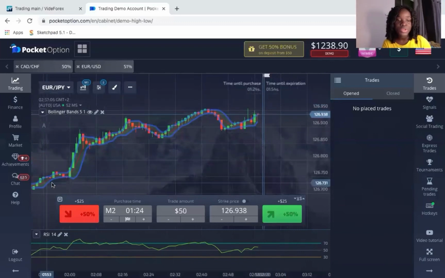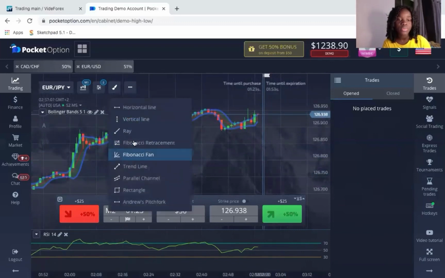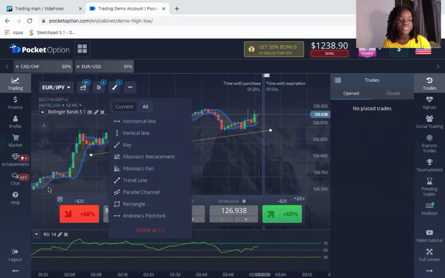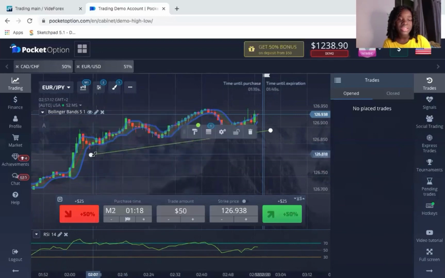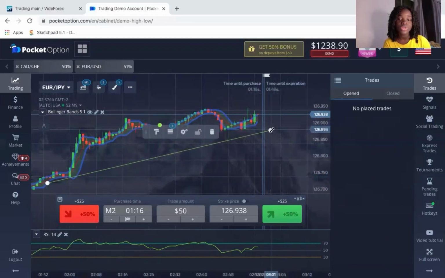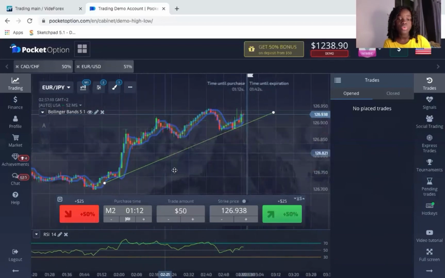Notice this. You see what happened here? Here, I'm going to put a line right here, and you'll see. Like I said, the market is on an uptrend. So notice what happened here. It's going to continue to go up, even though it pulls back.